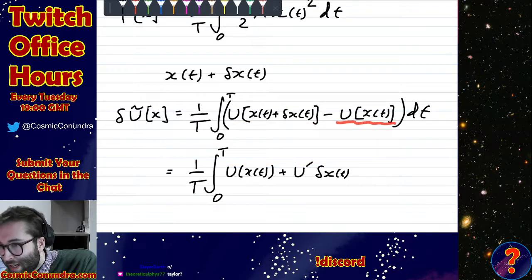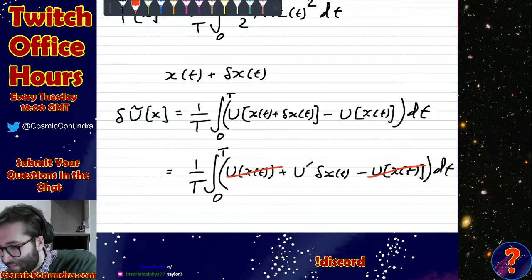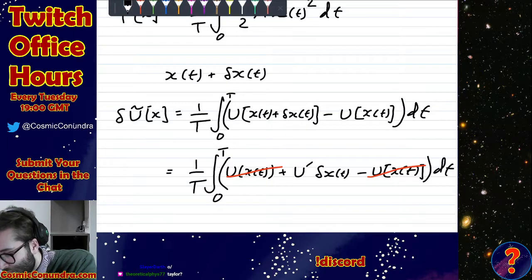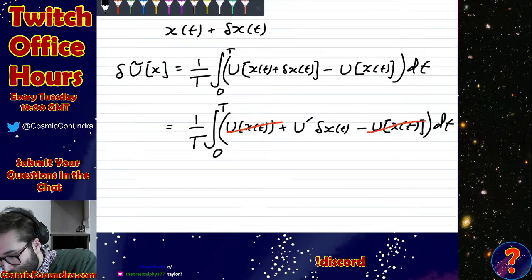And then we still have minus this term here, so still minus V of x(t). And you can see that this term will cancel this term here. So we just end up with this.